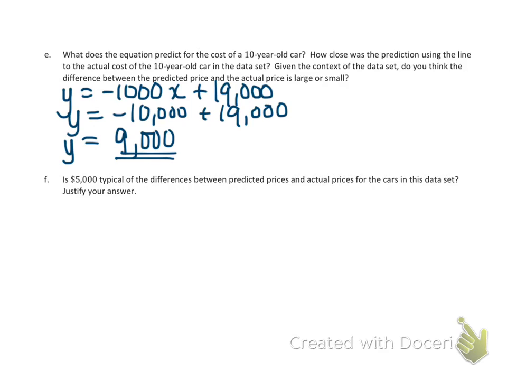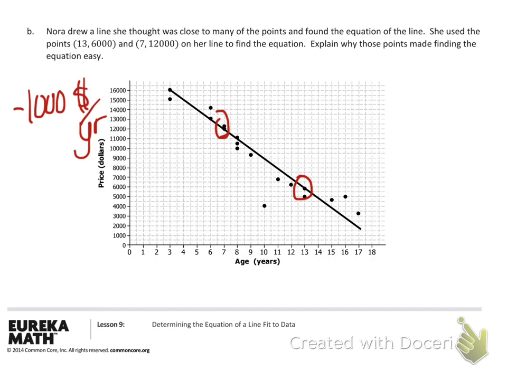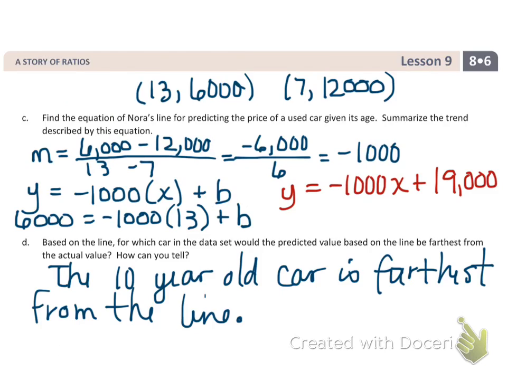So given the context of the data set, do you think the difference is large or small? Well, I would say the difference is fairly large. 4,000 would be the cost of, let's see, where would that be? Right over here. Closer to the cost of a 14 or 15-year-old car.